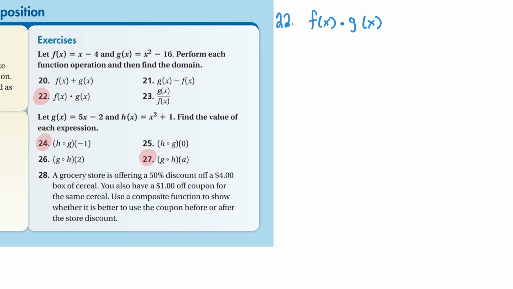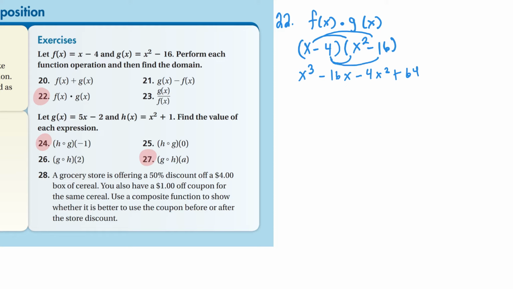So I'm going to get f of x, which is x minus 4, and multiply it times x squared minus 16. I'm going to apply the FOIL method. So we have x times x squared, which gives you x to the third power, x times negative 16, which gives you negative 16x. I'm going to multiply negative 4 times x squared, which gives you negative 4x squared. And then negative 4 times negative 16 is 64.